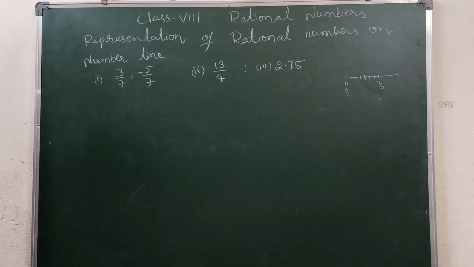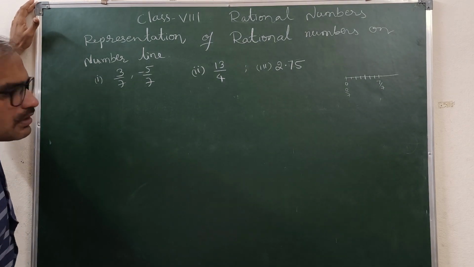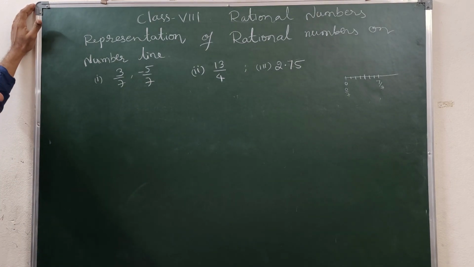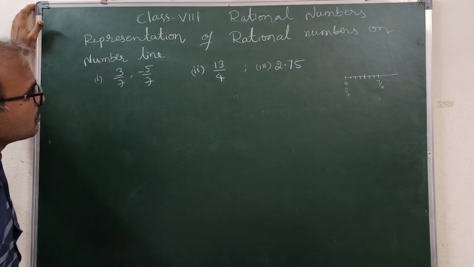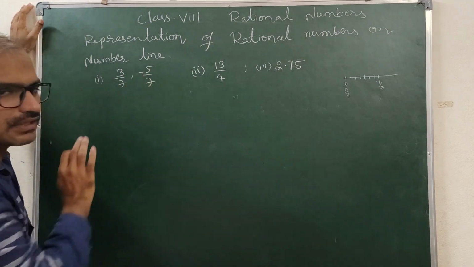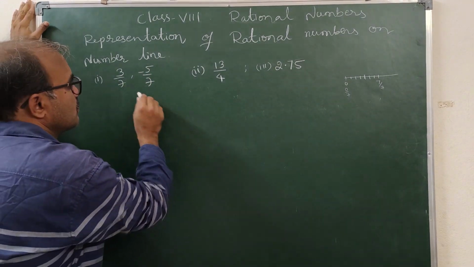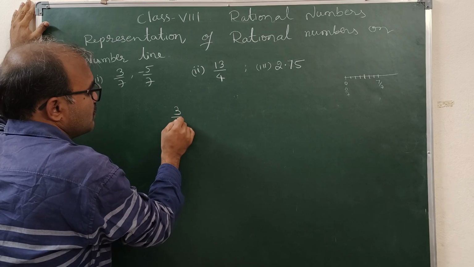To represent rational numbers on the number line, first of all, you should know what the numerator and denominator of a fraction represent. Let us consider the first one, 3 by 7.